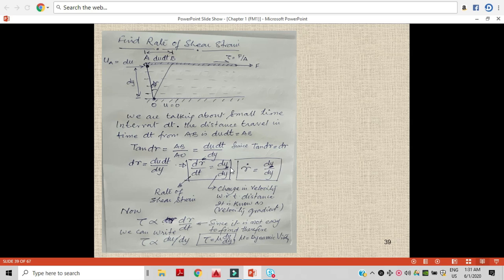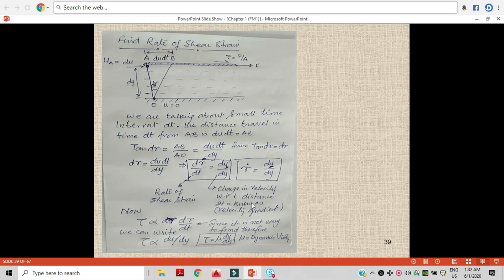And du by dy is the change in velocity with respect to distance, also known as the velocity gradient or velocity profile. So the rate of shear strain is equal to the velocity gradient. This is a very important relationship that we found with this small example.